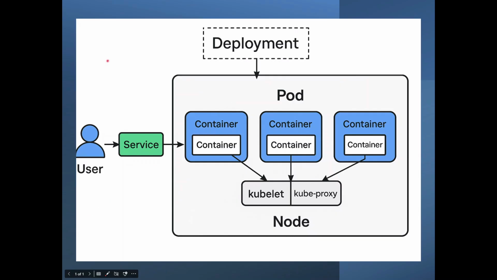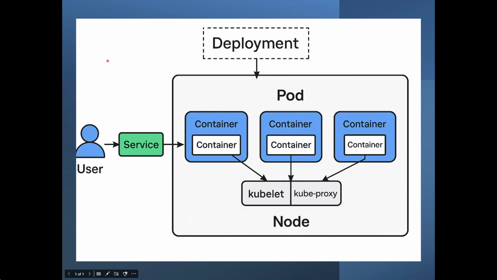Now for a quick recap. A pod holds your application container or your application images. A node is the machine running those pods. A deployment manages pods. Scaling, updating, healing, everything is managed by the deployment. A service exposes pods with a stable address so your applications are always accessible.